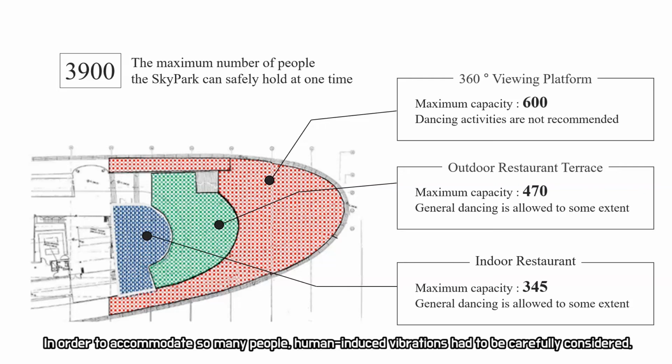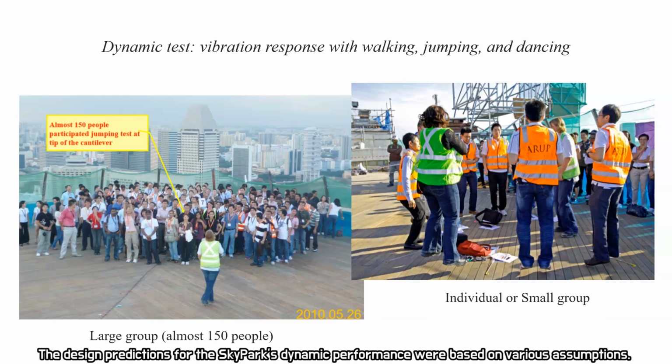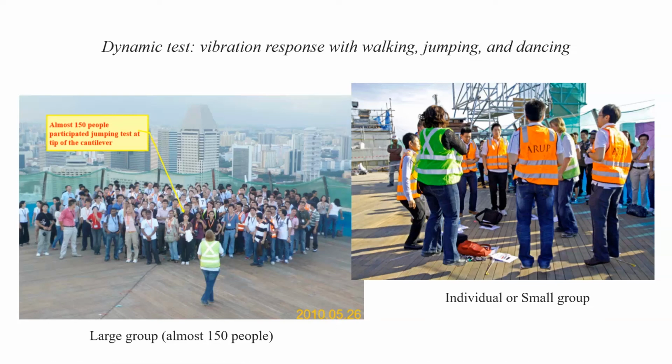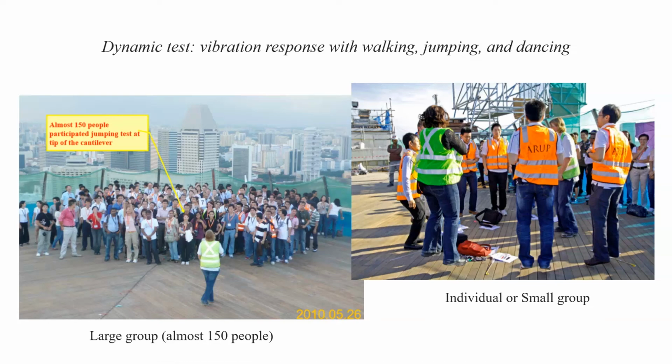In order to accommodate so many people, human-induced vibrations had to be carefully considered. The design predictions for the Sky Park's dynamic performance were based on various assumptions. To confirm the performance of the completed cantilever, a program of dynamic tests was carried out on 24 to 27 May 2010.